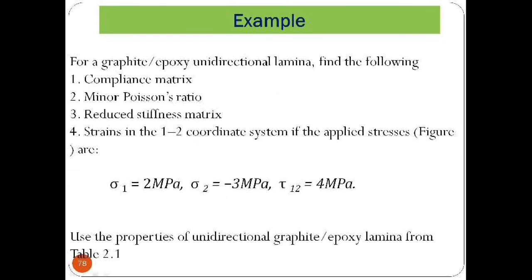For a graphite epoxy unidirectional lamina, we have to find out the compliance matrix, minor Poisson's ratio, reduced stiffness matrix, and strains in the 1-2 coordinate system if the applied stresses are as shown in the next slide, and the given quantities sigma 1 and sigma 2, and the in plane shear stress tau 12, that is 4 megapascal. Now we'll have to use the different unidirectional properties for this graphite epoxy lamina, which had been given in table number 2.1.